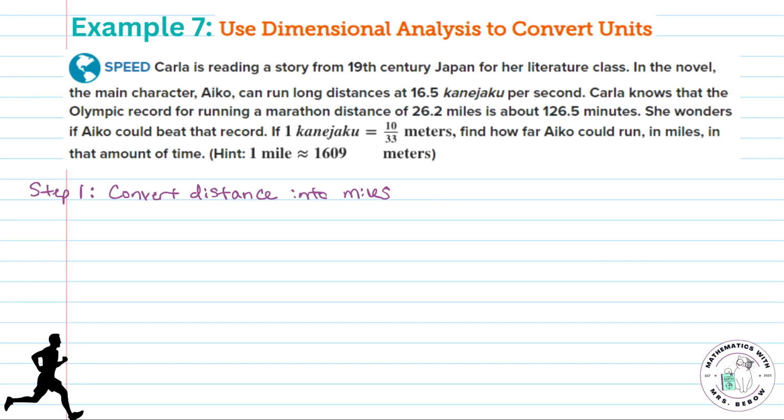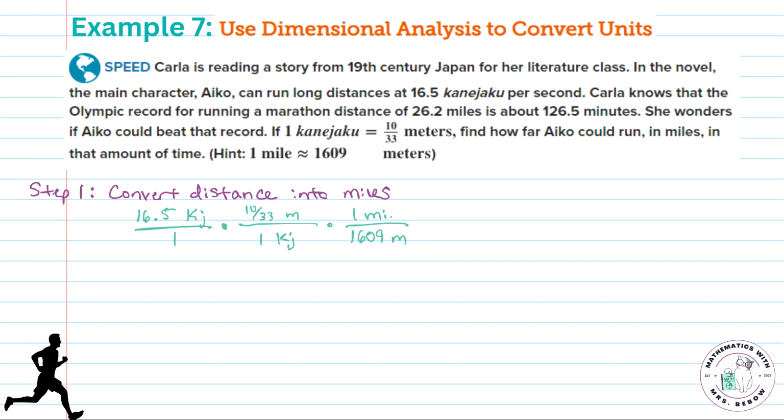So starting with the 16.5 Kanajuku, probably butchering that, I apologize. I'm going to abbreviate that though as kj, so 16.5 kj over 1, and then we're going to use that conversion factor they tell us, which is the 10/33 meters over the 1 kj, and then we're also going to be converting the meters into miles. So 1 mile is approximately 1,609 meters.